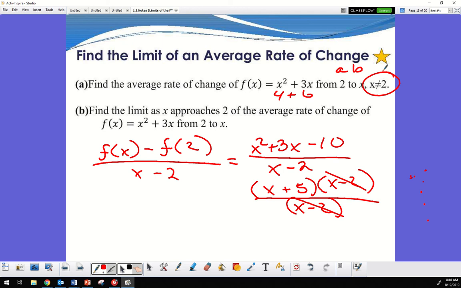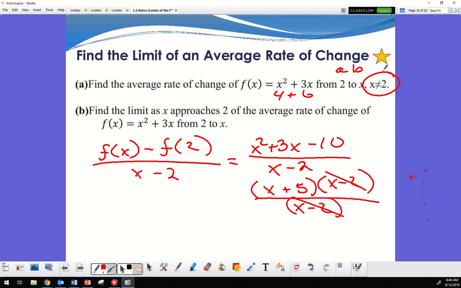Now, find the limit as x approaches 2 of the average rate of change from here to here. Hey, look, we just did that right there, right? We set it up, and now I can find the limit as x approaches 2.